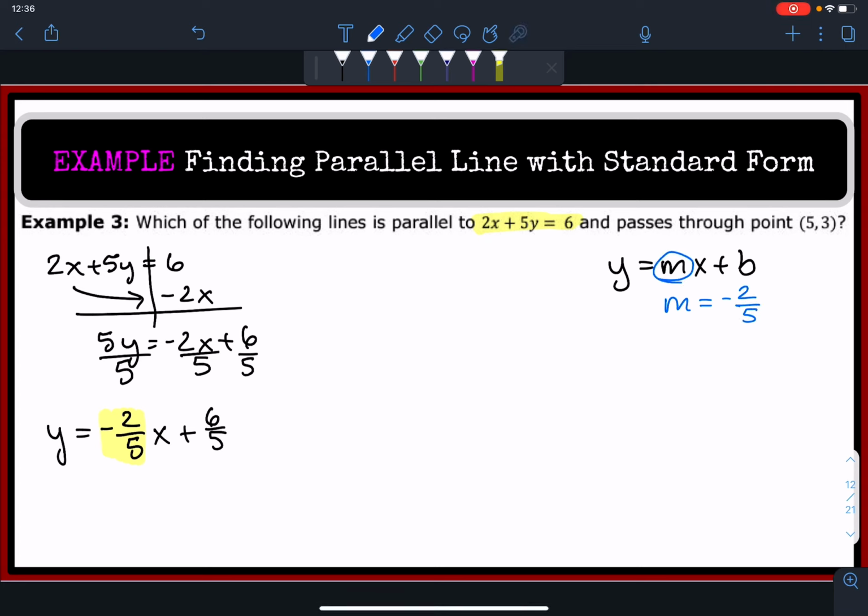Now to figure out the y-intercept, using again this form, y equals mx plus b, I'm going to write it backwards. b plus mx is equal to y. I'm going to plug in the slope, which is that blue number. There should be plus, sorry. Negative 2 over 5 times our x value, which is 5.